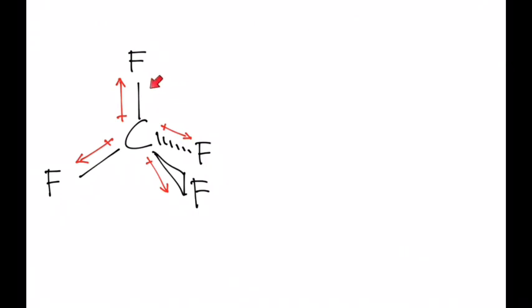And so that means that the scalar quantity here will be the same for every single polar vector. The only difference is the direction. And so because they're all pointing in the opposite direction, when you add these vectors together, you get a resultant vector of 0. So in that case, this molecule is considered nonpolar.